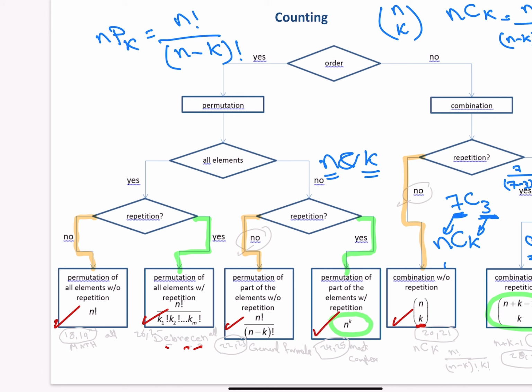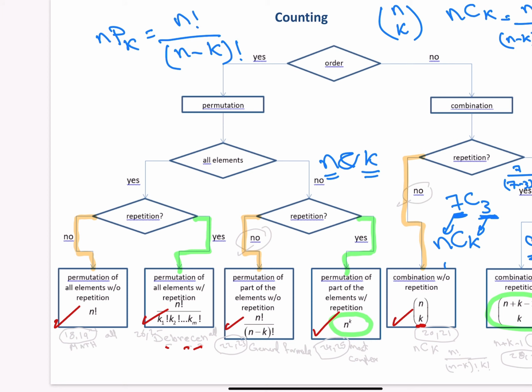So the last one, which is combination, and there is repetition. Always when we take combination, we take it without repetition, and we use this law. But now we'll have combination with repetition.